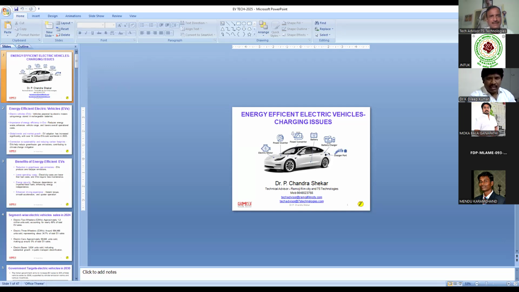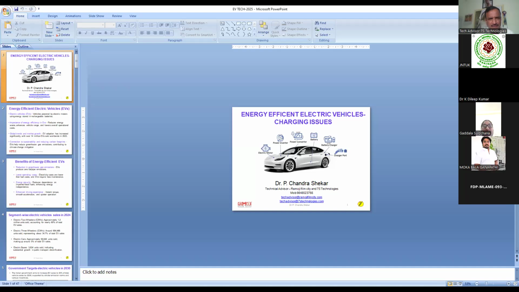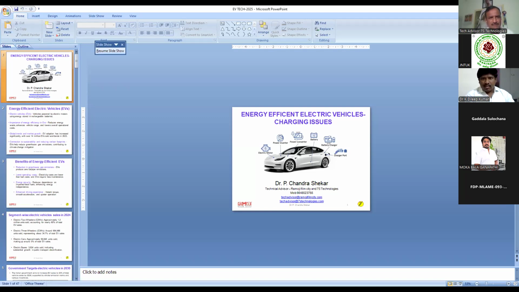Start the slideshow. It is in presentation mode in my system, sir. Faculty, can you see the screen? It is not in slideshow mode, full screen is not visible.